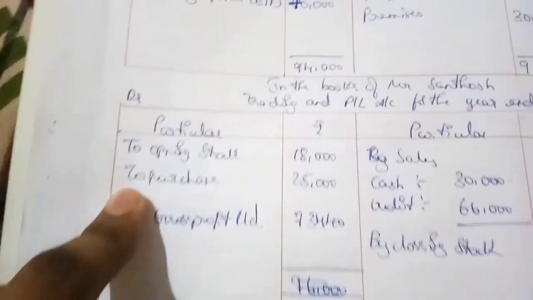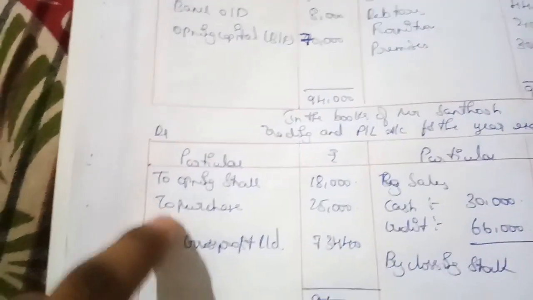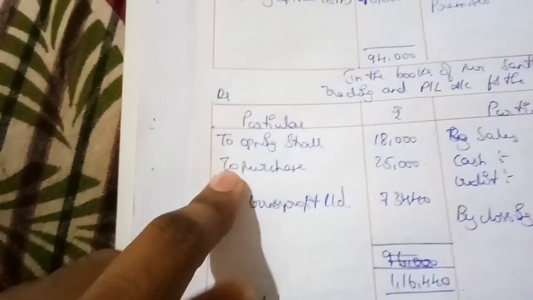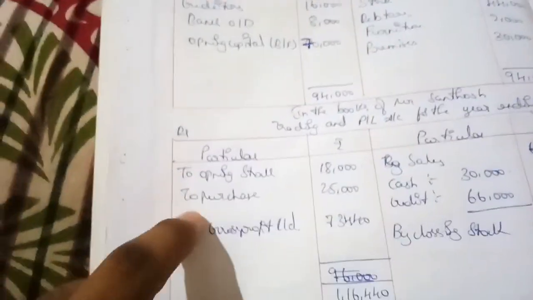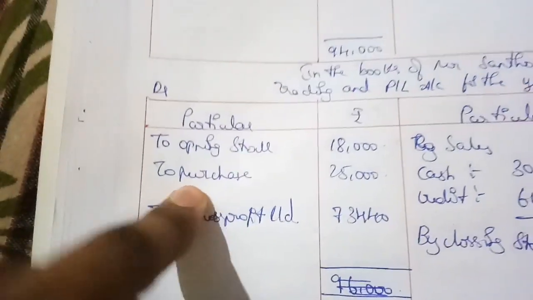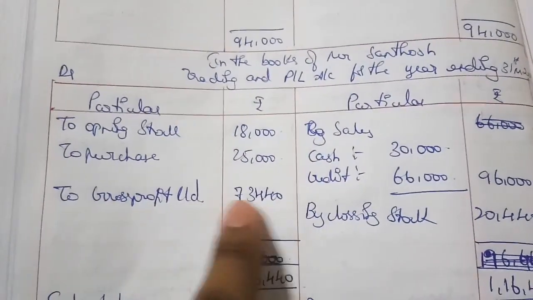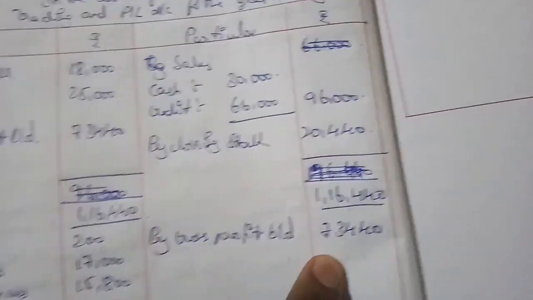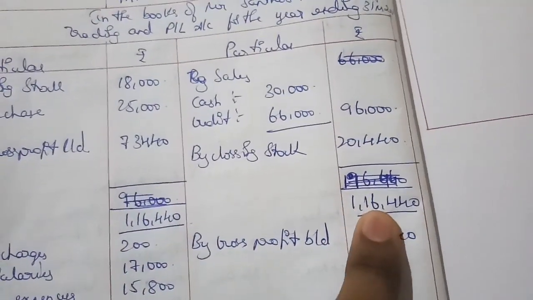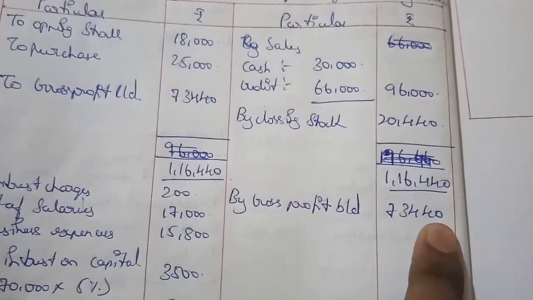Purchase, if total purchase is given in the question, then we will be adding it. And if it is written in words, then this purchase will be minus or plus. The balancing figure is known as gross profit, which is carried down, and here it's brought down. This is the total, 1,16,440.